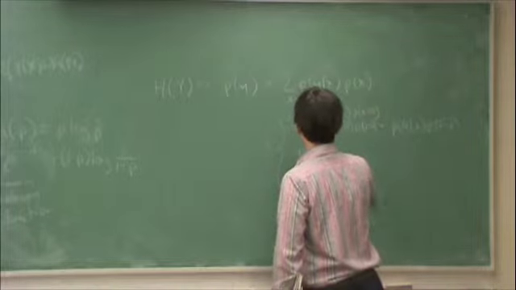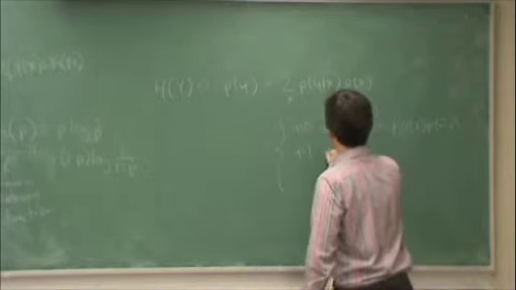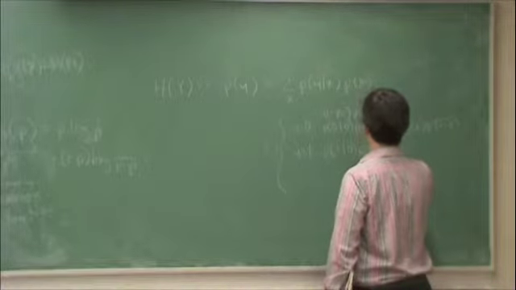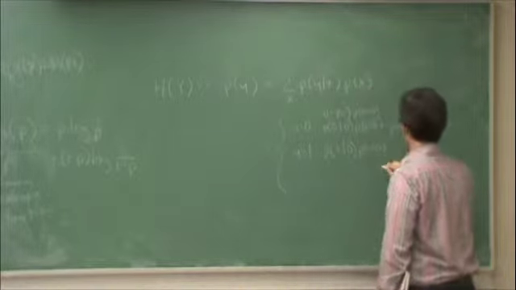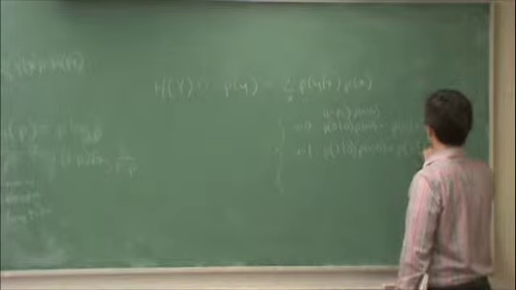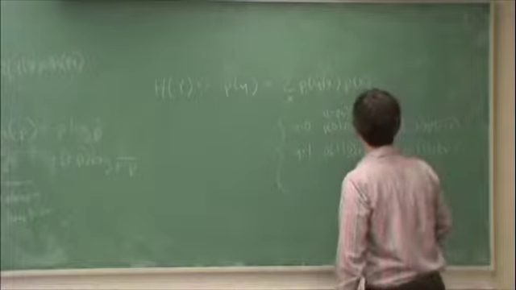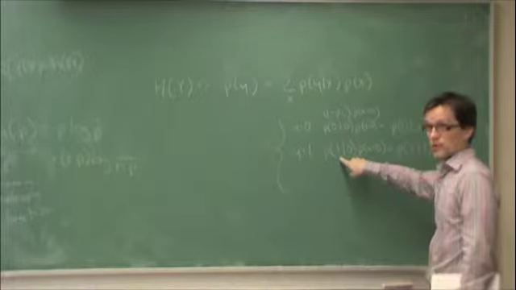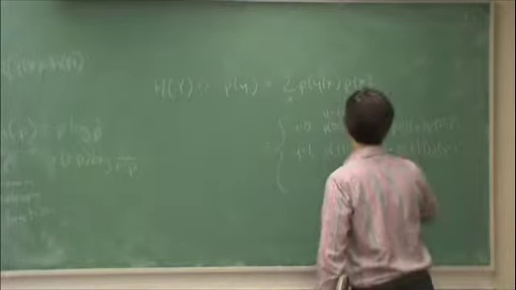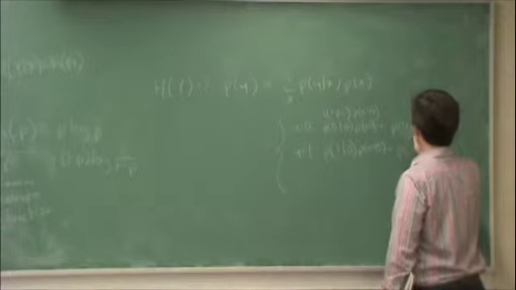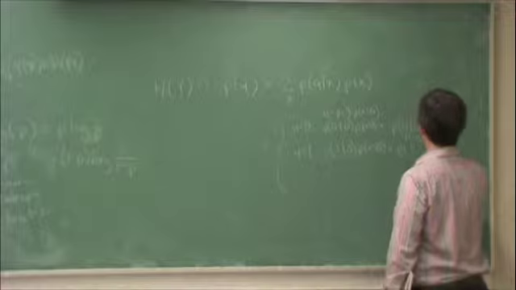If y is 1, I have probability y is 1 given x is 0, times probability x is 0, plus probability y is 1 given x is 1 times probability x is 1. Now this is 0, probability of getting a 1 out given that a 0 goes in is 0. And this is 1 minus PE times probability x equals 1.